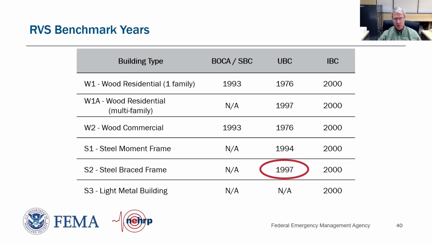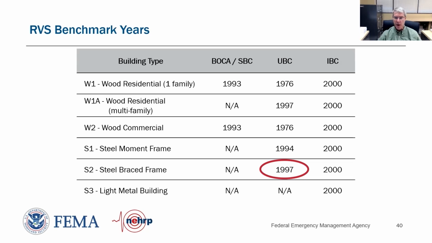So we have an S2 steel braced frame, and for Alaska, they utilized the UBC back in the 90s. And so our building is a 1998, we said. And so the benchmark year is 1997 for steel braced frame.